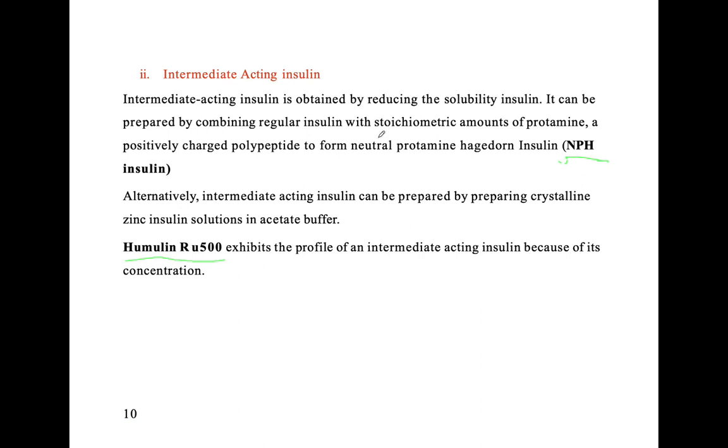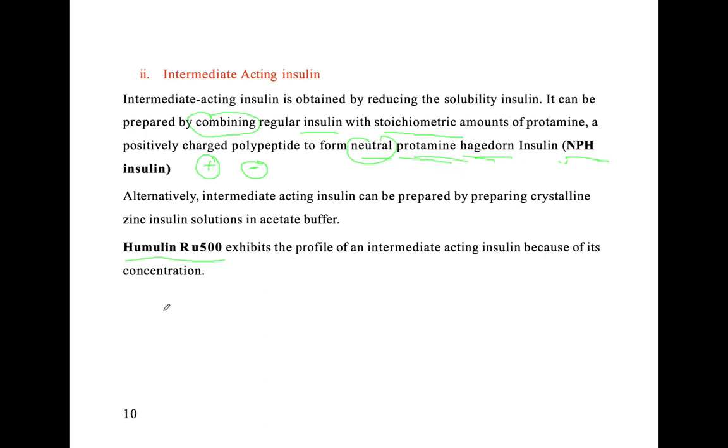NPH, which stands for neutral protamine hagedorn, is made by combining regular insulin with a stoichiometric amount of protamine. And protamine is a positively charged polypeptide that's going to be combined with a negatively charged insulin to give us a neutral protamine hagedorn insulin.